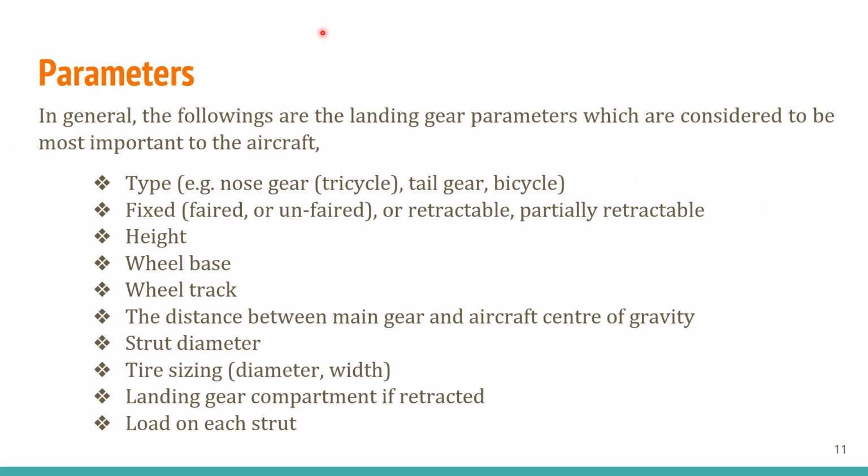The parameters. In general, the landing gear parameters are: type, whether it is fixed, retractable or partially retractable; the height of the landing gear; the wheel base; tracking; the distance between the main landing gear and the center of gravity of the aircraft; the strut diameter; tire sizing; the landing gear compartment if it is retracted; and the amount of load acting on each strut in the landing gear.